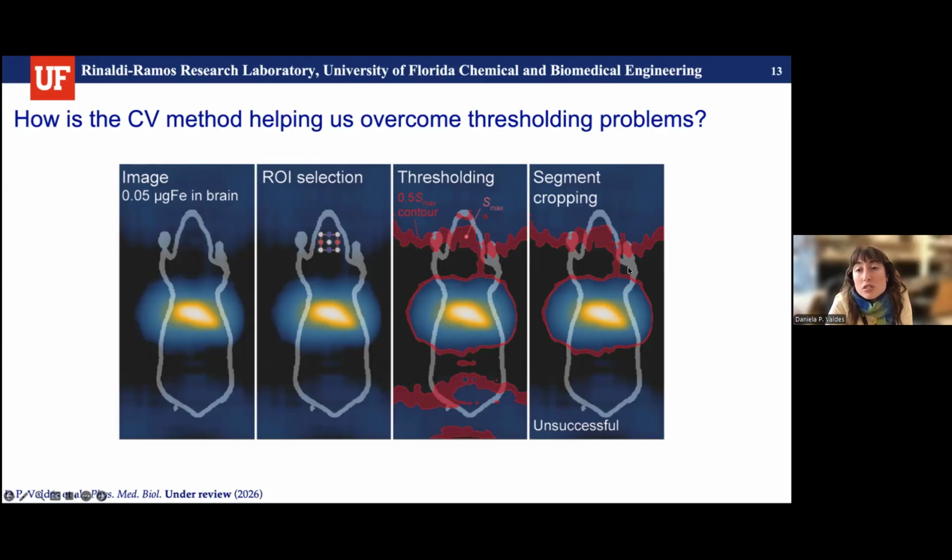Like you can crop this part on the bottom of the mouse from the thresholding image to segment cropping image because they're not connected, but this scale is connected, so you cannot crop it. So that's the workflow that I created with the script.